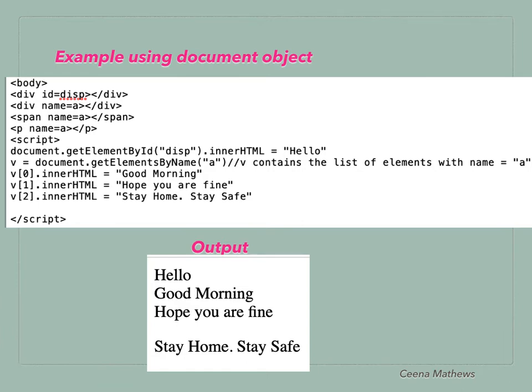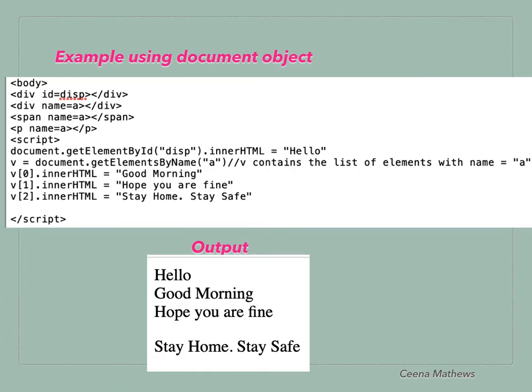In the next three elements, the div, span and P have the same name A. In order to perform operations based on these elements, I'm using getElementsByName.